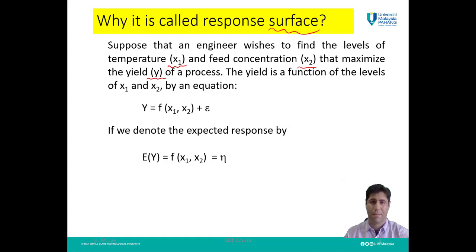And we also know that the yield is a function of the levels of x1 and x2 by this equation. So y, the yield of this process, is dependent on the levels of x1 and x2, and we also have an intercept for this equation.